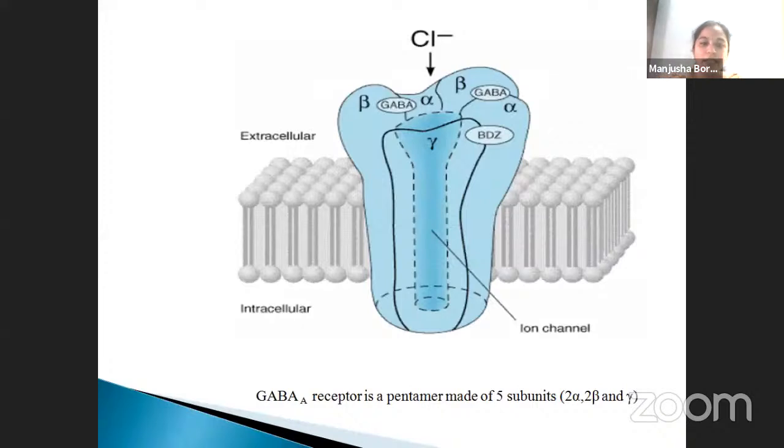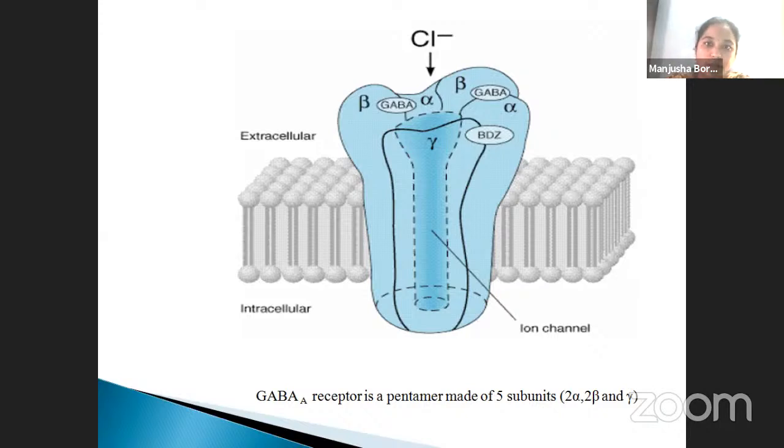This is a GABA receptor diagram. How do benzodiazepines and hypnotic drugs produce the effect? GABA is the inhibitory neurotransmitter of the central nervous system. Benzodiazepines, non-benzodiazepines, and barbiturates bind to the GABA chloride channel.